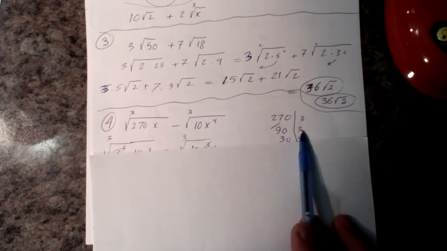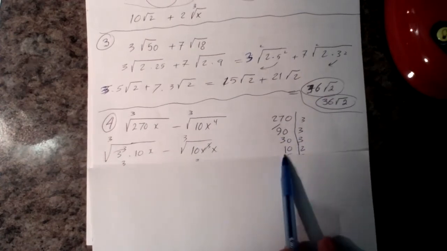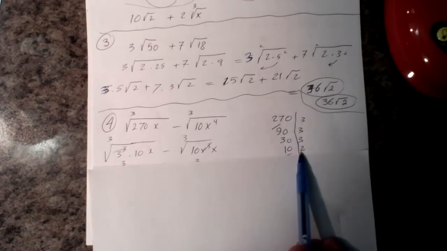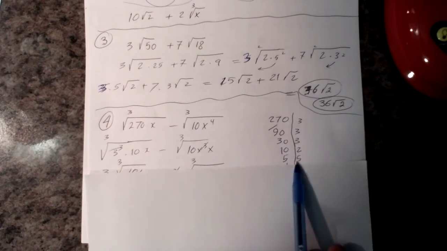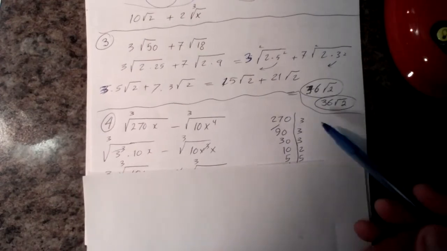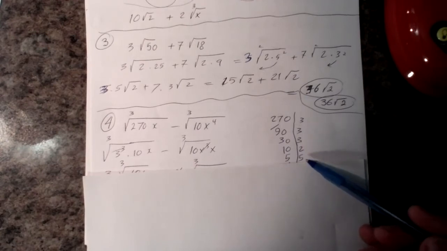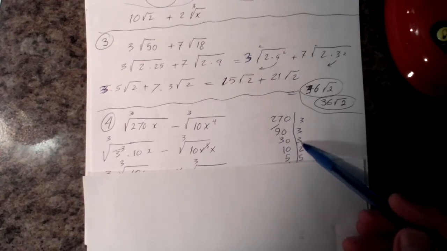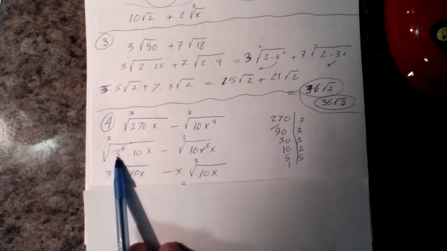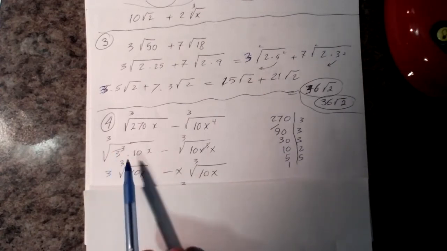Again, divided by 3, 30 divided by 3 is 10. Now 10 is not divisible by 3 anymore, but it is divisible by 2 and 5. So you see here, I have 3 times 3 times 3 times 2 times 5, or 3 times 3 times 3 times 10. 3 to power of 3 times 10.